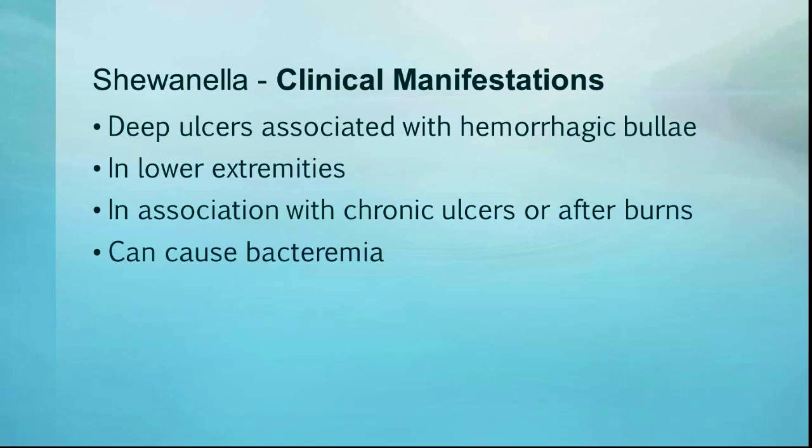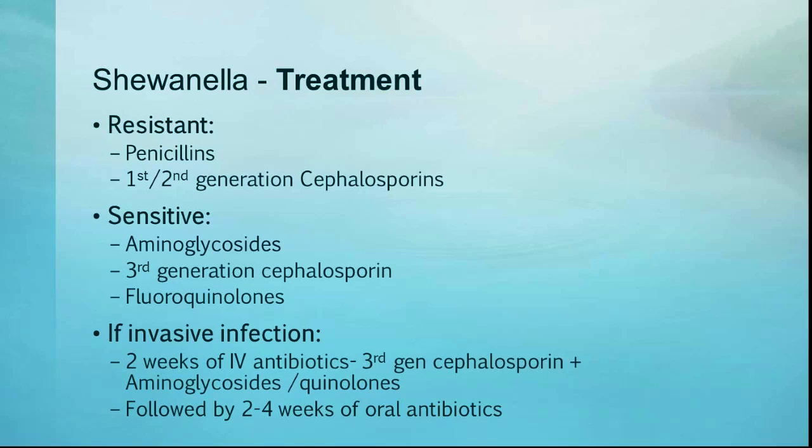If somebody has had exposure to sea or saltwater or freshwater, the bacteria tends to live in the denuded skin, and then you can get the infection after that. It can sometimes cause bacteremia as well.